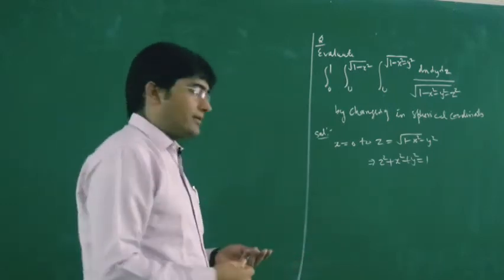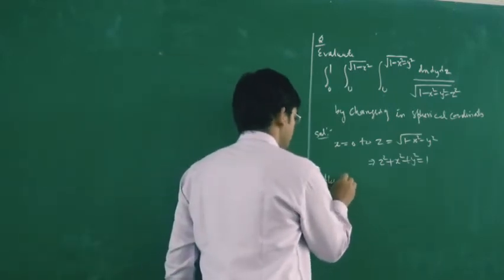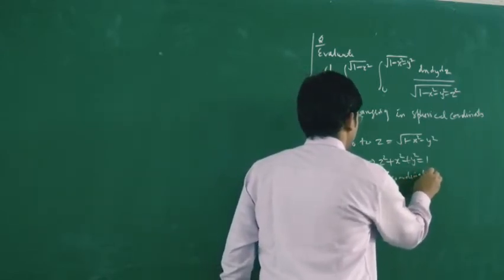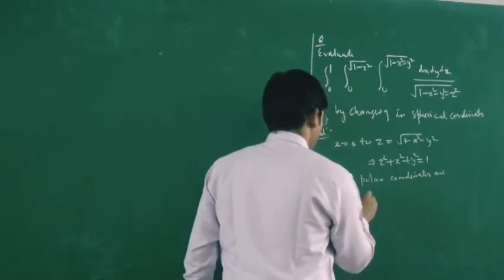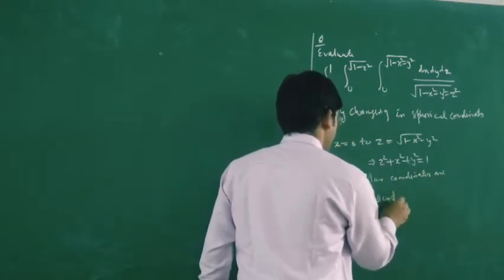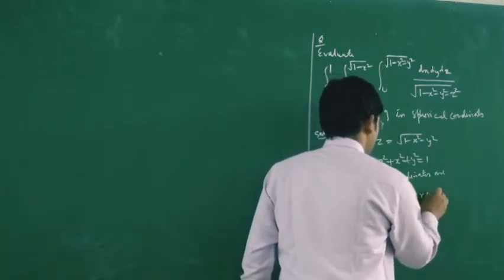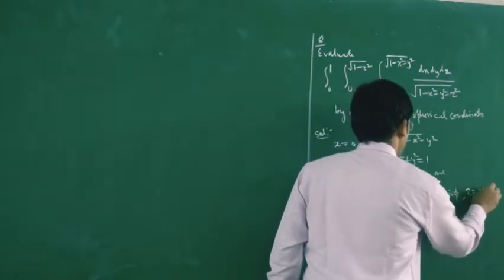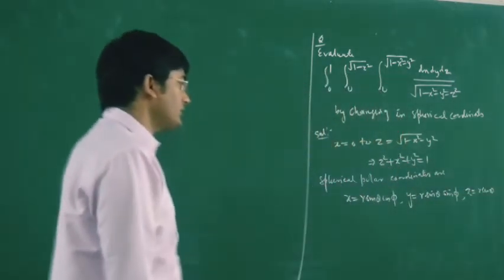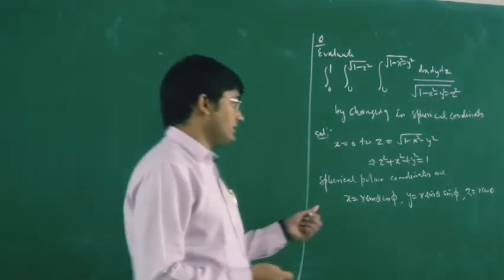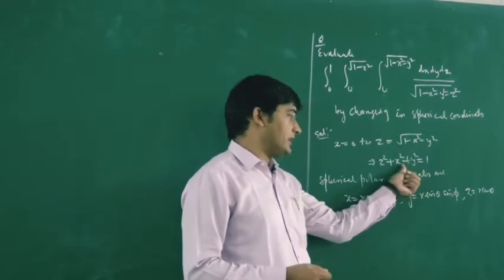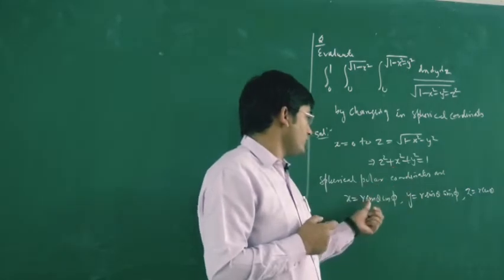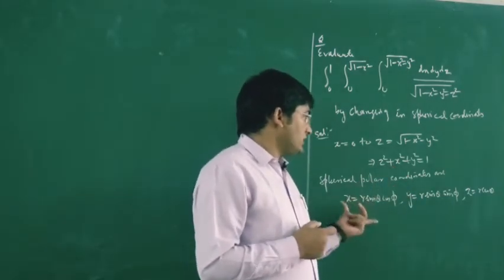Now the spherical polar coordinates are x equal to r sin theta cos phi, y equal to r sin theta sin phi, and z equal to r cos theta. If you put these values here, then r will be 1 and this equation will get satisfied.